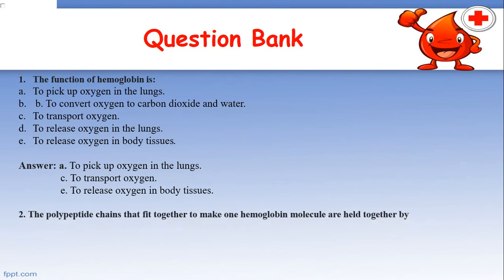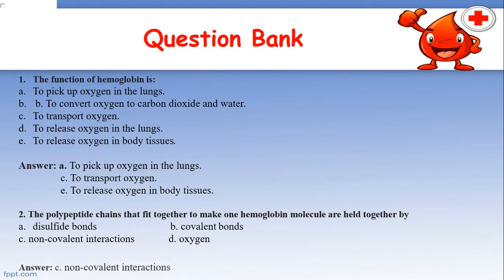Next question. The polypeptide chains that fit together to make one hemoglobin molecule are held together by, the options are: disulfide bond, covalent bond, non-covalent interactions and oxygen. And the answer is C, non-covalent interactions.